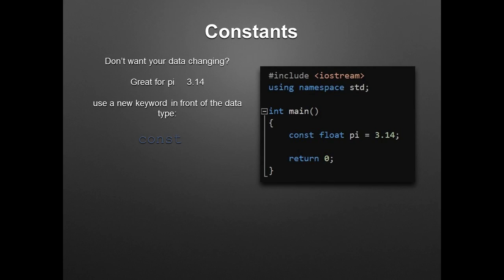Now constants, I don't want you to get constants confused with literals, although literals can be used to represent constant values. We have another way to represent a variable and have that be a constant, where it cannot be changed.